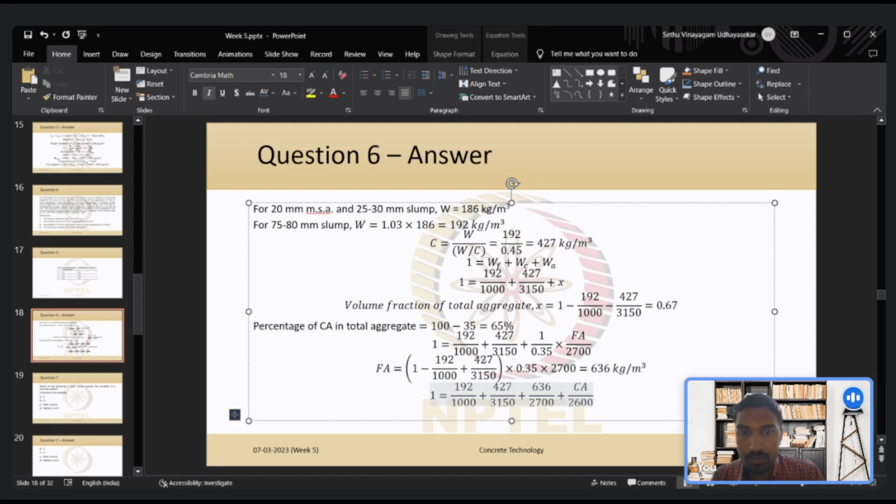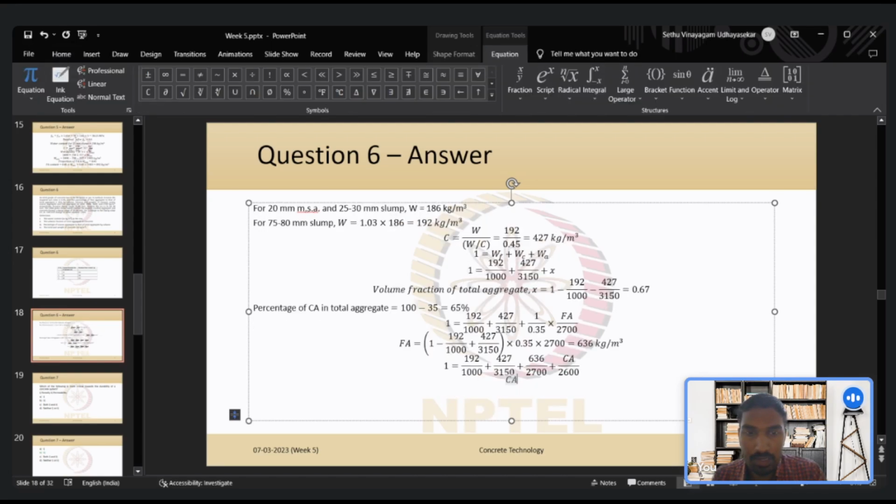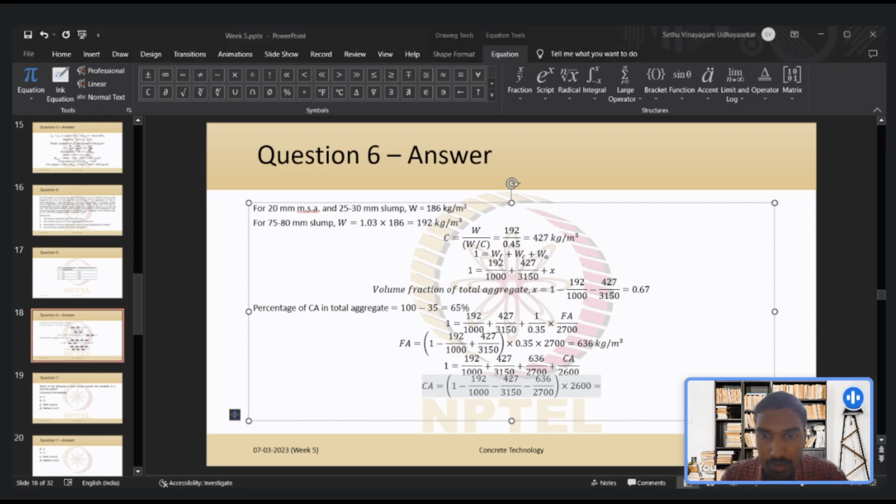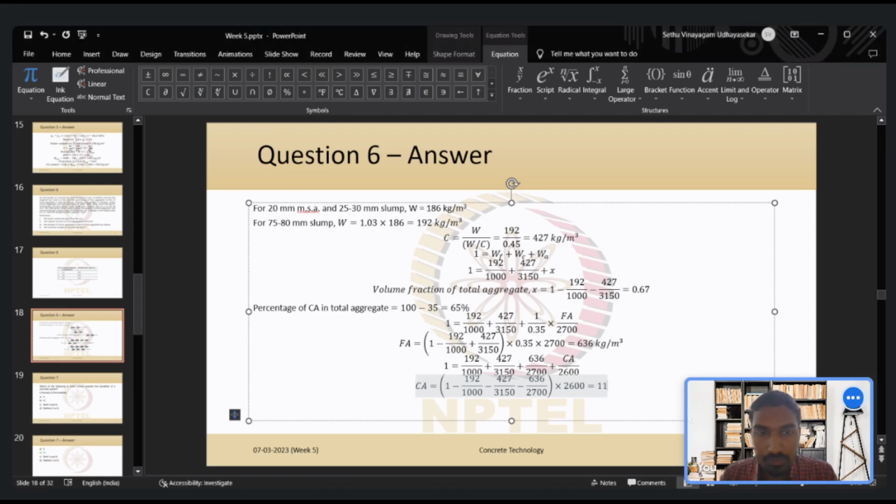So from this relation, the coarse aggregate content will be nothing but 1 minus the contribution from the other three, multiplied by 2600. Okay, so this will give us the coarse aggregate content, which will be 1136 kilograms per meter cube, right?